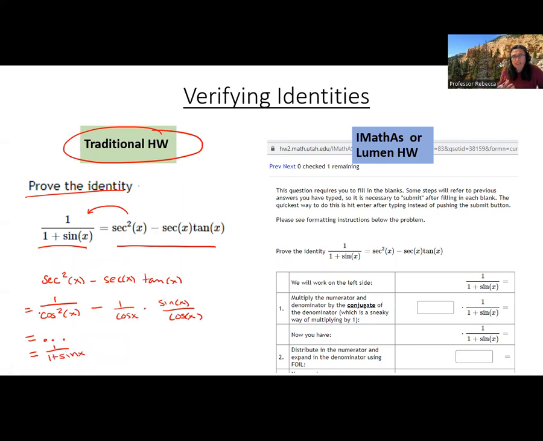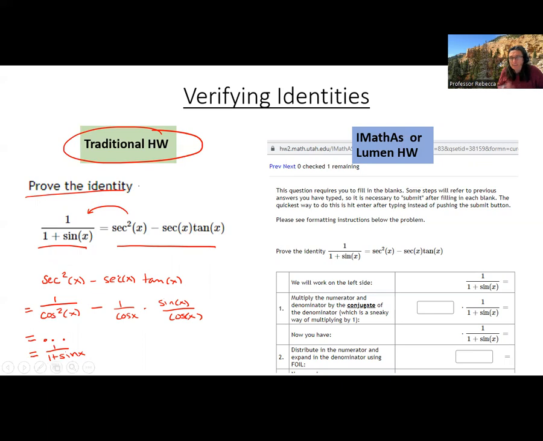However, I made a lot of choices along the way. For example, I decided if I wanted to start with the right-hand side or the left-hand side. And I decided that my first step was going to be to rewrite things in terms of sines and cosines. But I could just as easily have decided that I wanted to factor out a secant x and work with that.